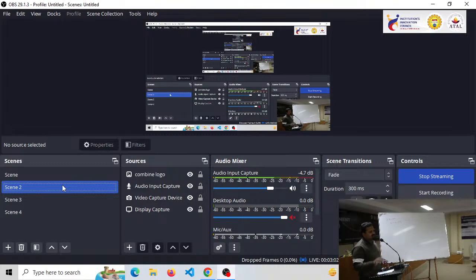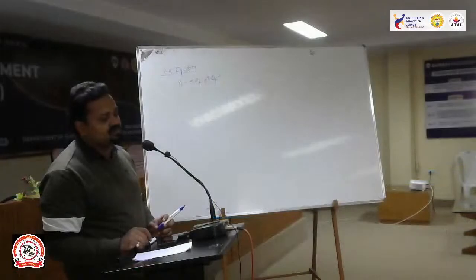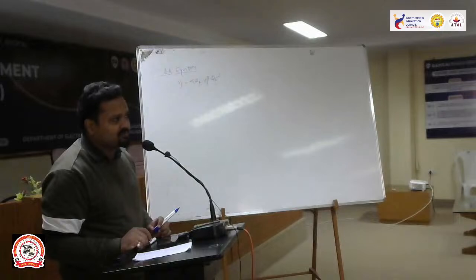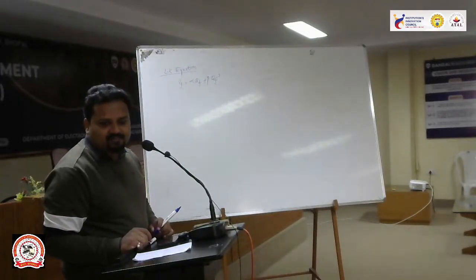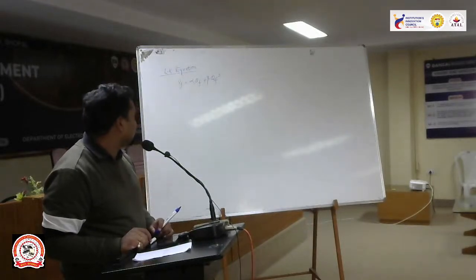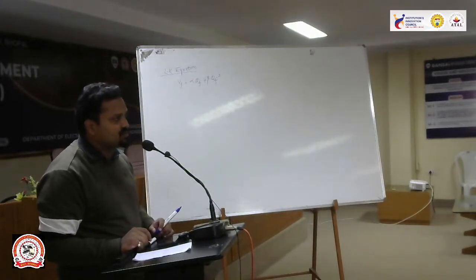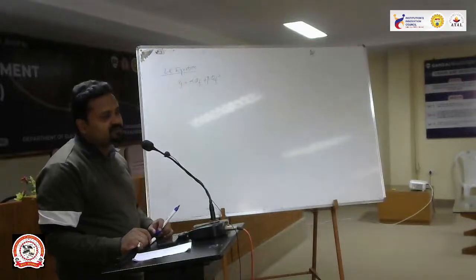Ferroelectric materials can be classified into two types: first order transition material and second order transition material. In second order transition material, we can neglect the value of gamma. We are considering second order transition material because we are considering lead zirconium titanate, so I have taken gamma as 0.